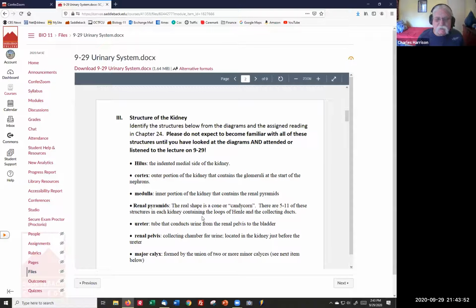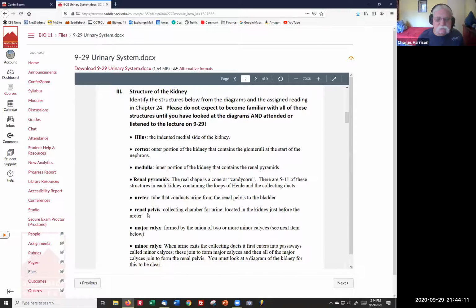And they contain what are called the loops of Henle. The loops of Henle, you're going to be on very familiar terms with that in just a few seconds. The ureter, the tube that drains the renal pelvis to the bladder. The renal pelvis, the last collecting spot for urine in the kidney.